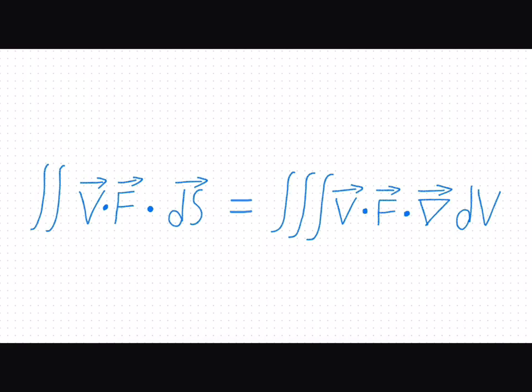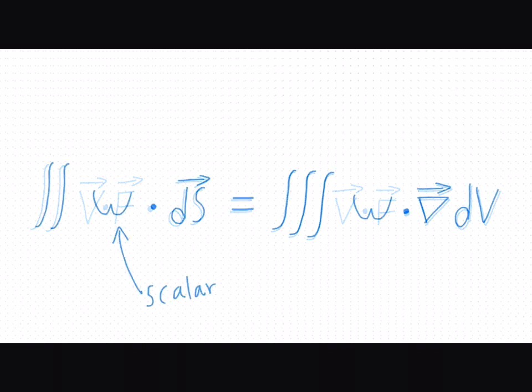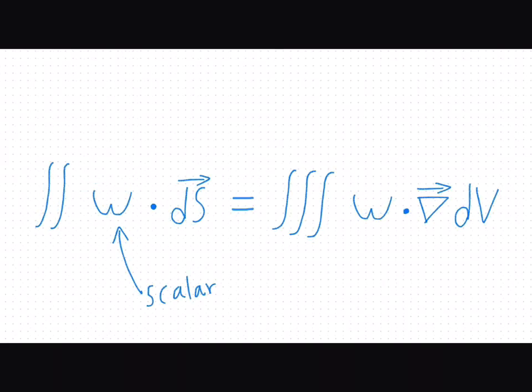On both sides, there is a vector dotted with a vector, and that whole thing is dotted with another vector. A vector dotted with a vector gives you a scalar, and a scalar dotted with a vector gives you a vector. So from this we can conclude that the double integral of a scalar times dS equals the triple integral of the gradient of that scalar, that is, a scalar with nabla.